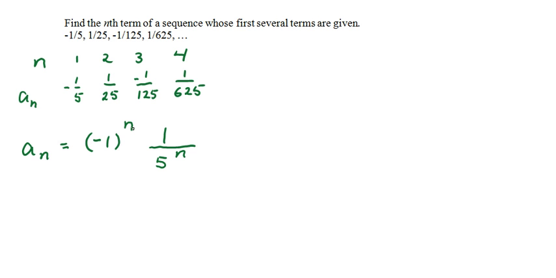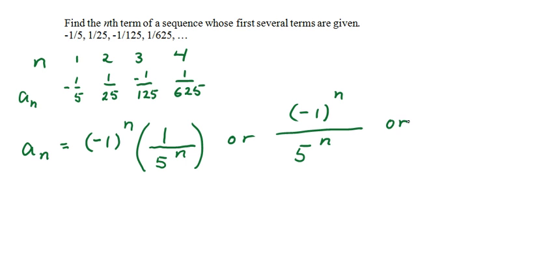So we can write the nth term either as negative 1 to the nth power times 1 over 5 to the n, or you could write it as the fraction negative 1 to the nth divided by 5 to the n, or you could even write it as negative 1/5 to the n.